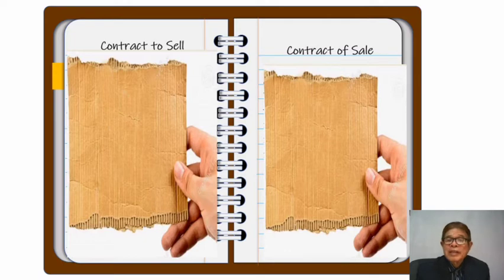there is already a transfer of ownership. And so the seller cannot back out without consequences. So contract of sale is much safer on the part of the agent or broker.